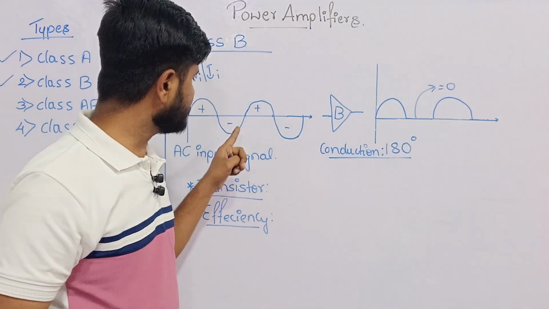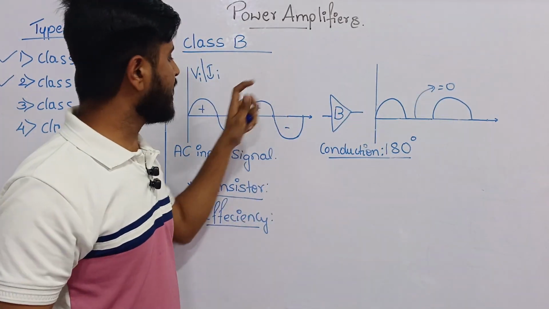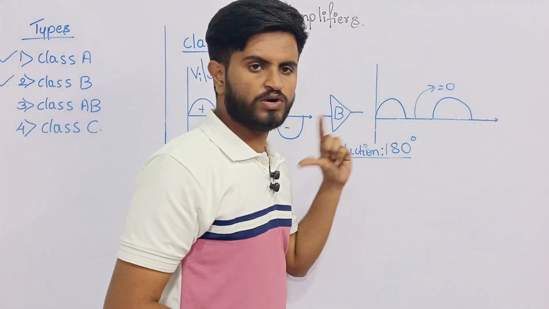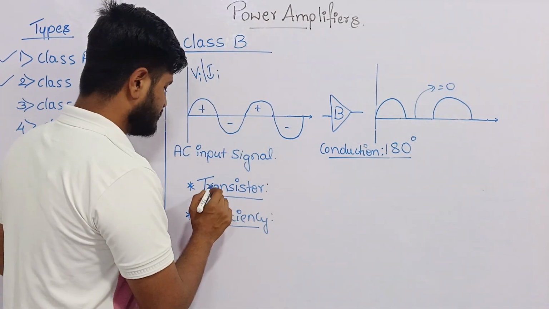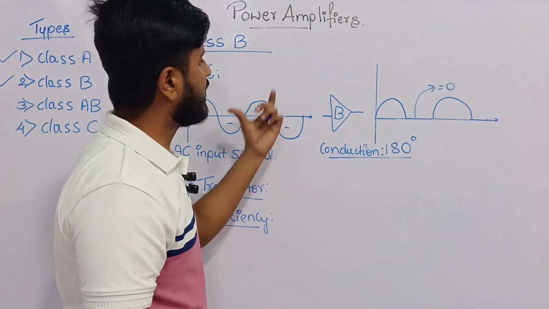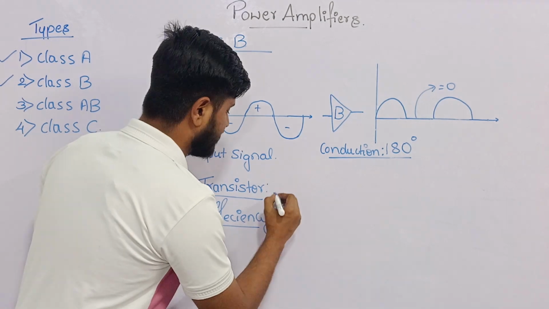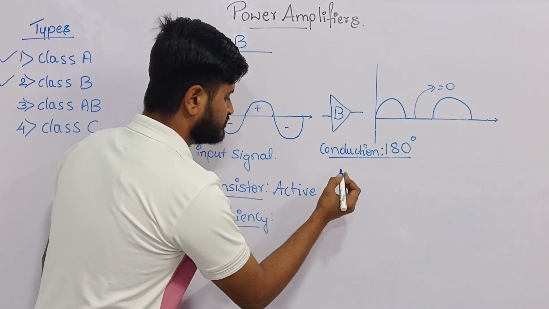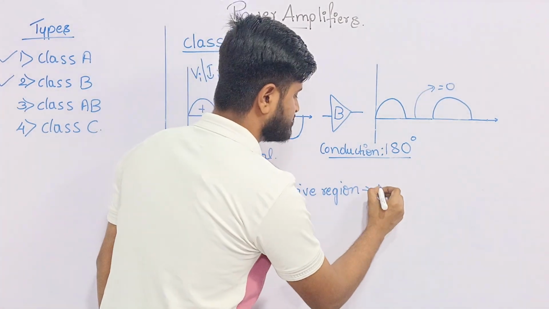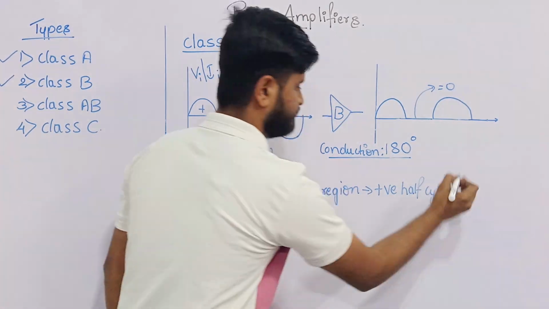It will muffle the negative half cycle or reduce it to 0 and only amplify the amplitude of the positive half cycles. So you can tell that it is 180 degree conduction, and since the transistor must be in the active region so that you can amplify the given signal, the transistor will be in the active region only for the positive half cycle.